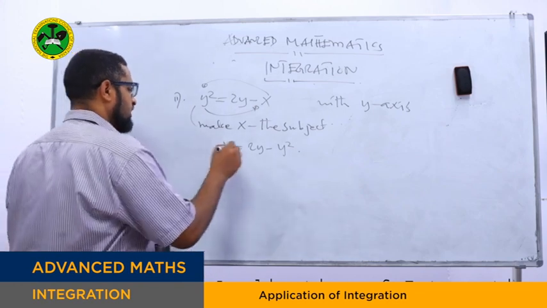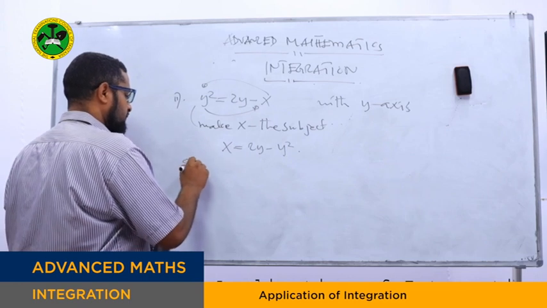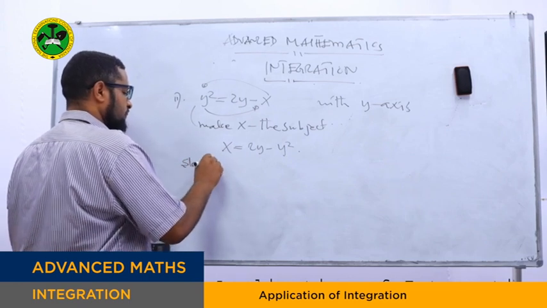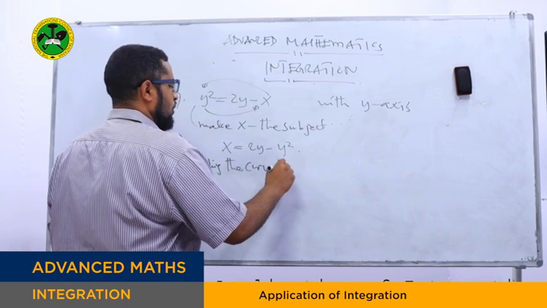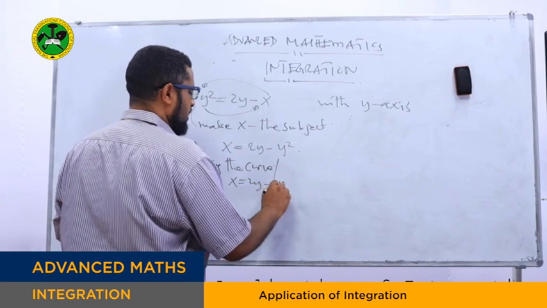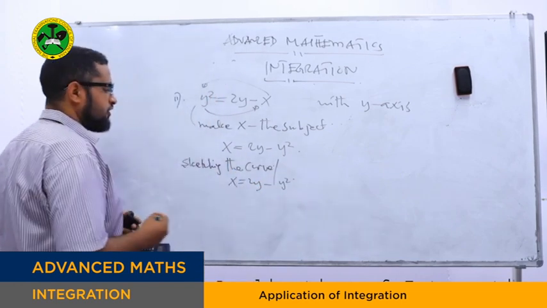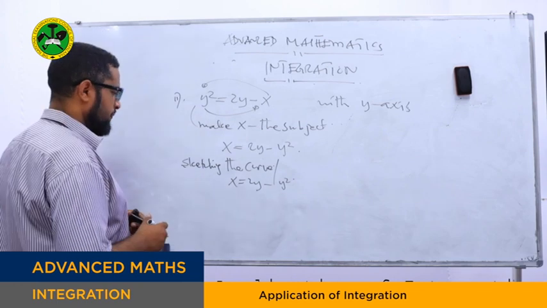Now let's sketch the curve of x equal to 2y minus y squared, and see the nature of the curve.